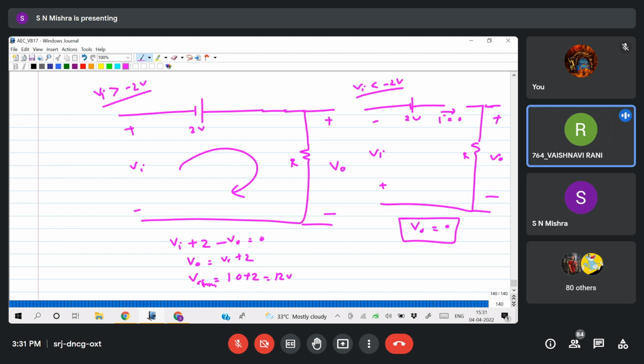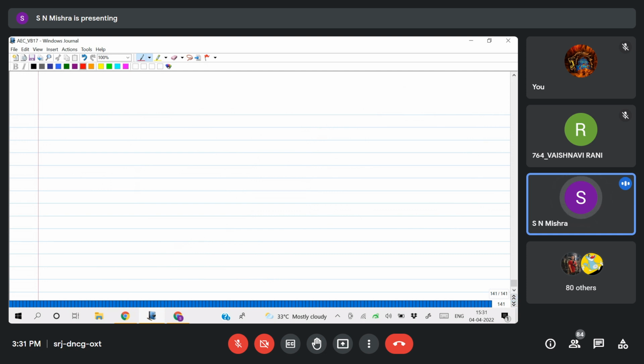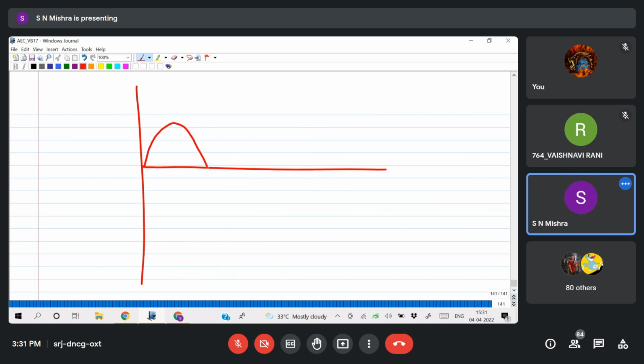Yes sir. Now drawing the waveform. You see how I am drawing. VI 0, 10, minus 10. So the -2 line will be somewhere here. Okay.